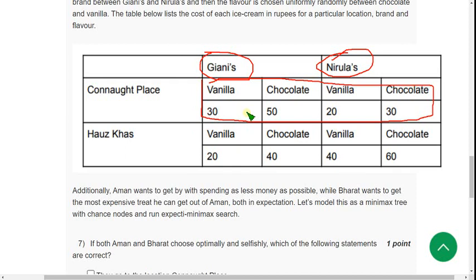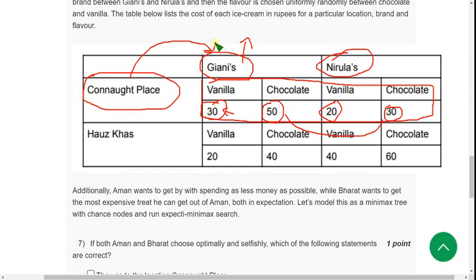Now in vanilla, which is the maximum price? 30 is the maximum price, because between 30 and 20, 30 is maximum. Bharat wants to spend the maximum amount, so 30. And which is the bigger price in chocolate? 50 is bigger compared to 30. So he selects Gyani's. So finally the answer we got is the place is Connaught and they select Gyani's as the brand.